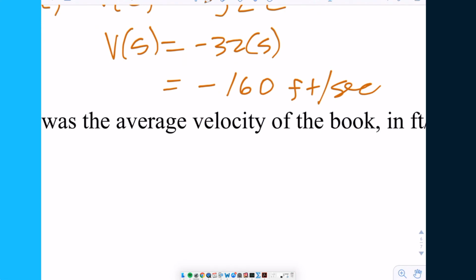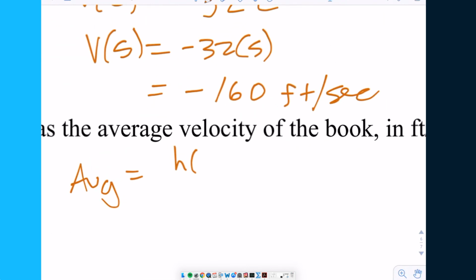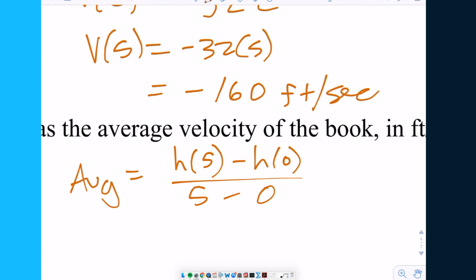Average velocity is nothing more than the change in the position during its free fall. So its final position minus its initial position all over the change in the corresponding time. Yeah, what do we call that? The difference quotient.